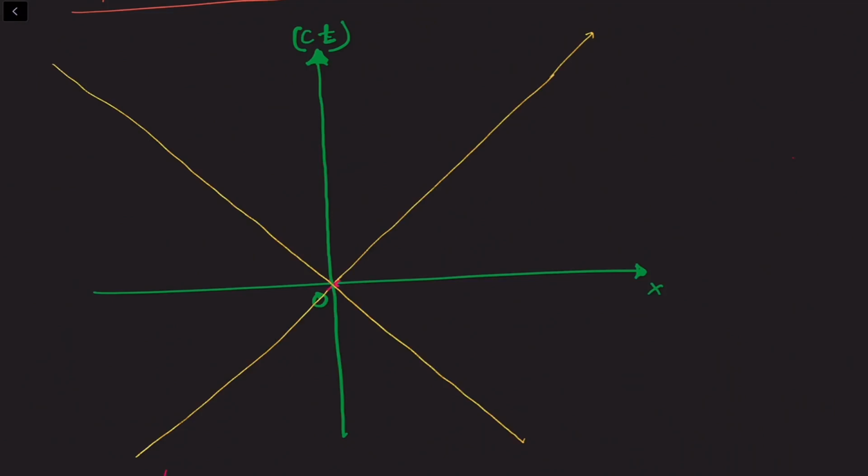Okay, so now let's consider observer O again and the future light cone of O, and this is the past light cone. And let's consider a space-time point which is located at some xa and some time ta within the future light cone.